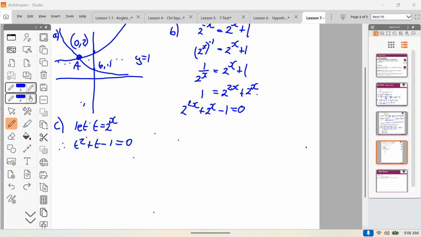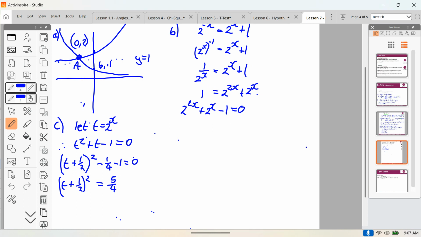So I get t plus 1 over 2 squared minus 1 over 4 minus 1 equals 0. t plus a half squared is equal to 5 over 4.